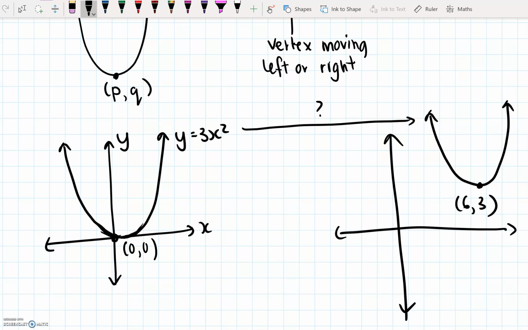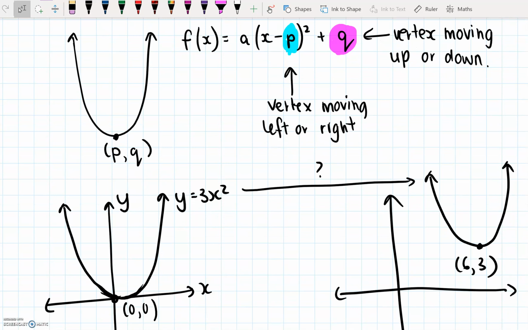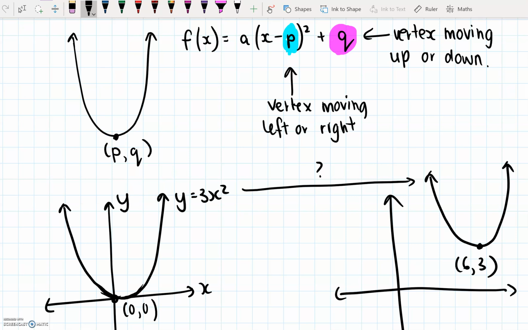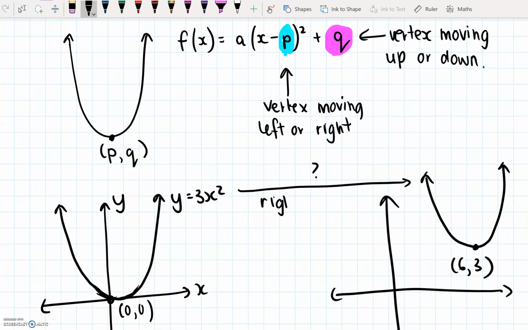Well, we know that we need to move the x of the vertex by +6. Now you have to be careful with this because we set up here that it is x minus p. So that means when we're moving it, we're moving it right by 6, even though it will then give us a final equation of x minus 6, and then we go up by 3.